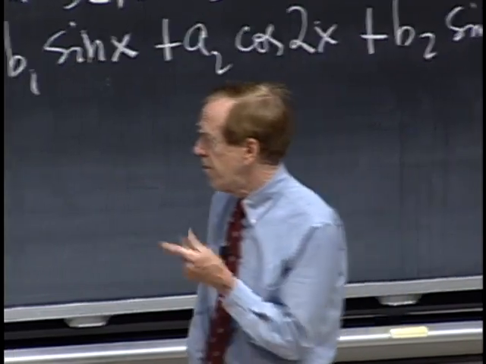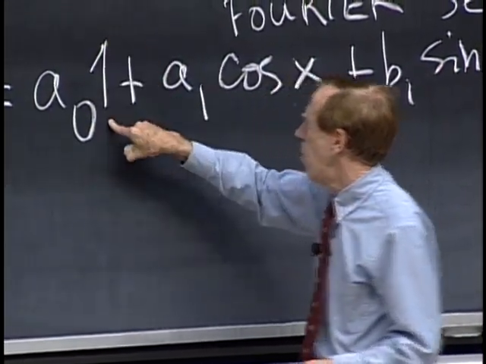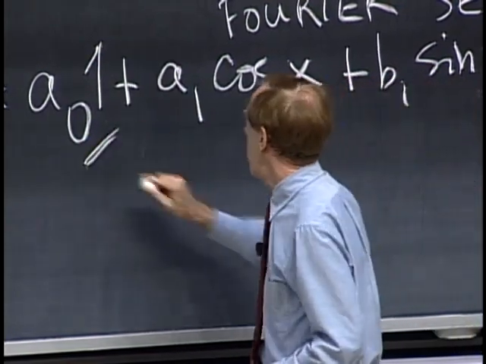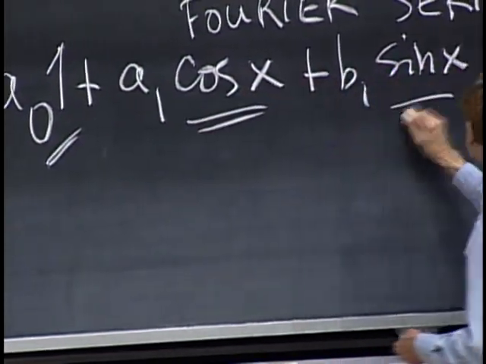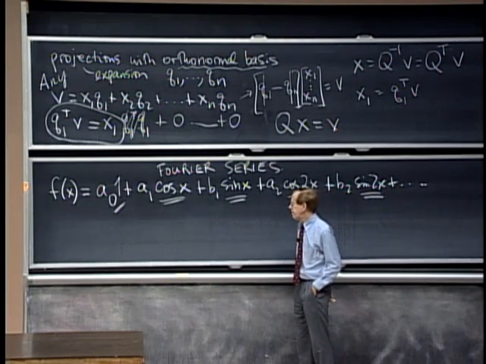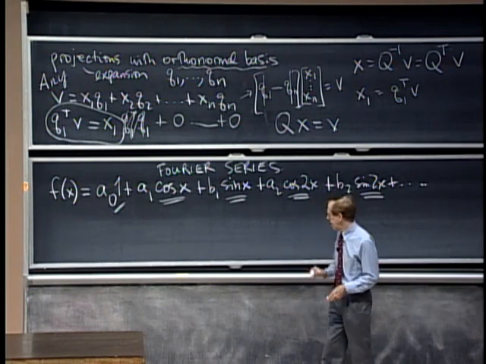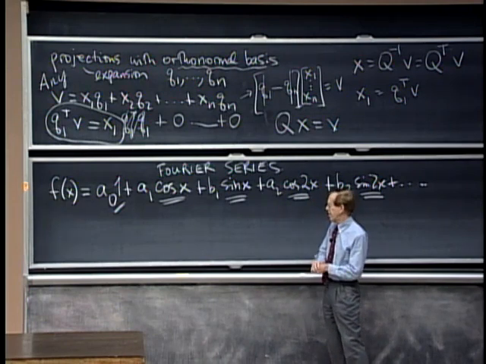And the basis vectors are functions too. A naught, the constant function 1. So my basis is 1, cos x, sine x, cos 2x, sine 2x, and so on. And the reason Fourier series is a success is that those are orthogonal.